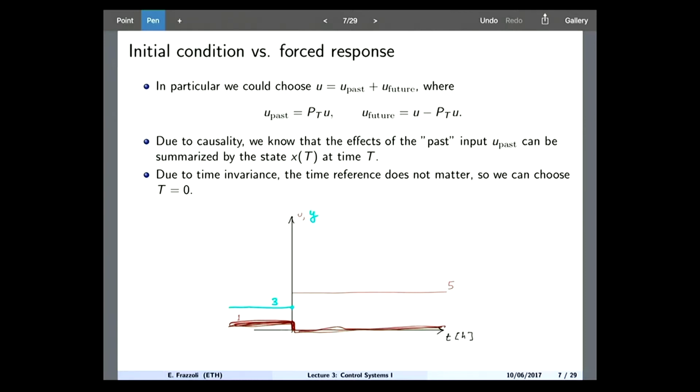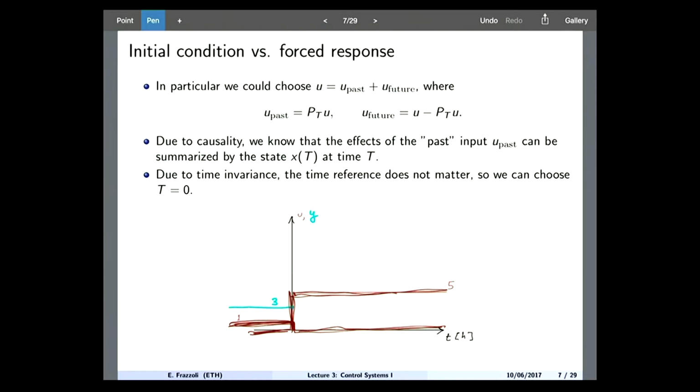I use whatever I gave to the system in the past, and then I set it to 0 from the present onwards, right? And then I have the other signal, which is the future, which would be something like that. And you can understand that if I add my past signal to the future signal, I will get the actual signal over all of time.